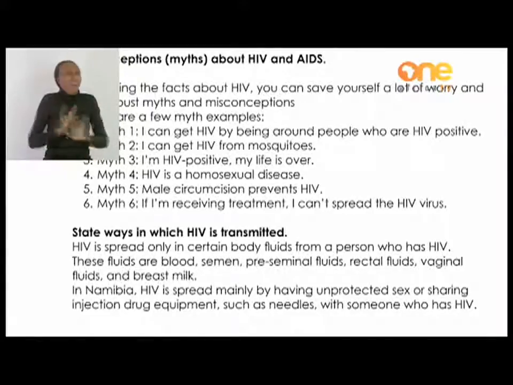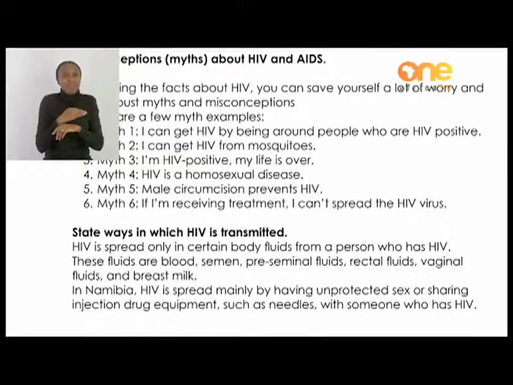Remember when we did how HIV is not transmitted, we talked about us not getting HIV from any animal bite, so this is also not true. Number 3, I'm HIV positive, my life is over. You can have HIV for many, many years. It doesn't mean that if you have it today, then your life ends there. This is just a misconception.